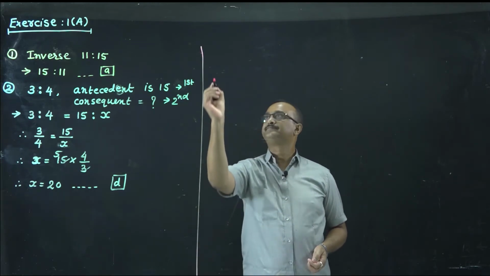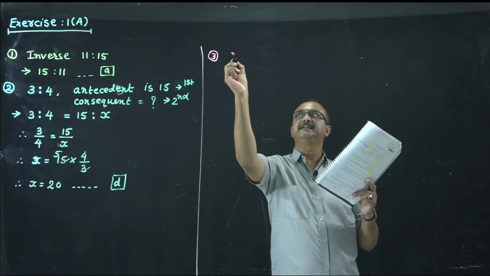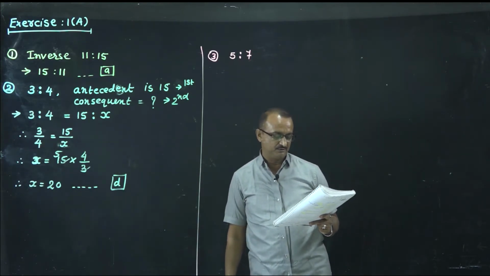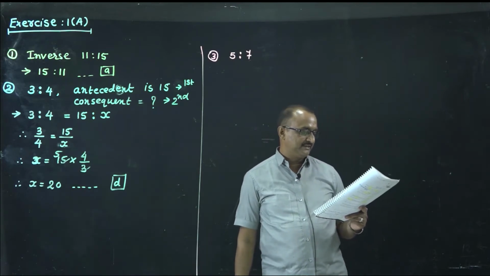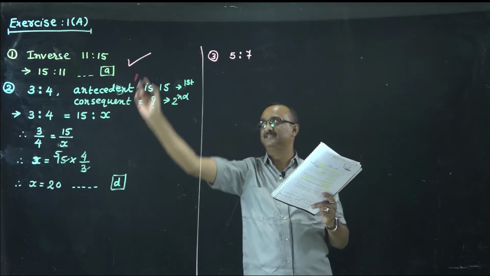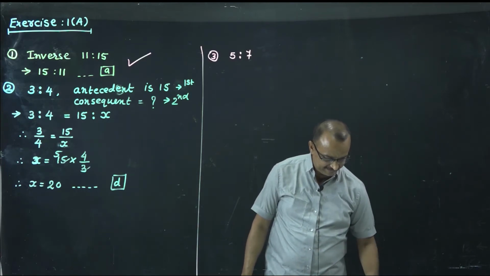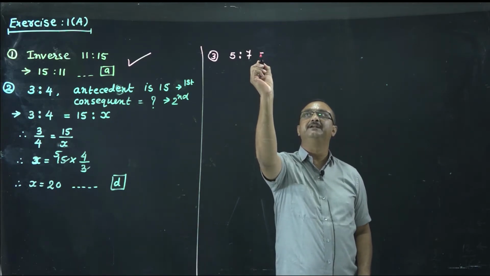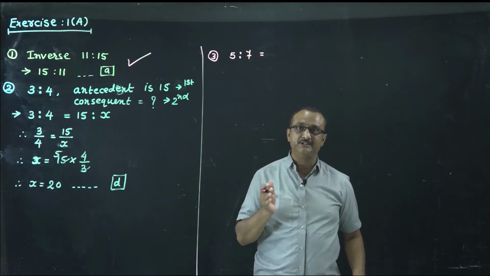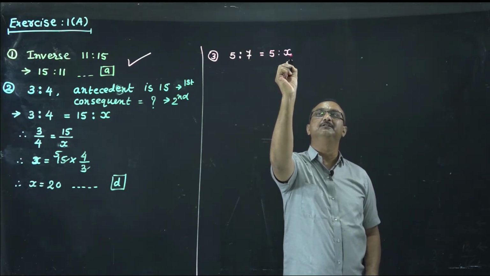Now question number 3. The ratio of the quantities is 5 is to 7. If the consequent of its inverse ratio is 5, the antecedent is, okay, here we find the inverse. So we have to write 5 is to 7. The consequent of the inverse ratio becomes 5 is to, we are supposing it is equal to x.